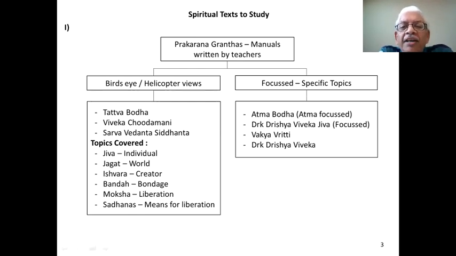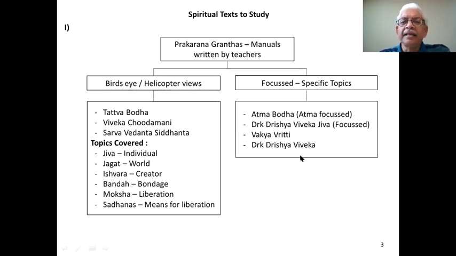Then we have Vakya Vritti, which is focused on the Mahavakyas. So similarly, other texts which are focused on specific areas, generally it is Jiva based, most of them, because we all want to know who we are.